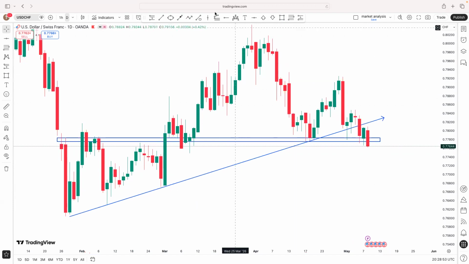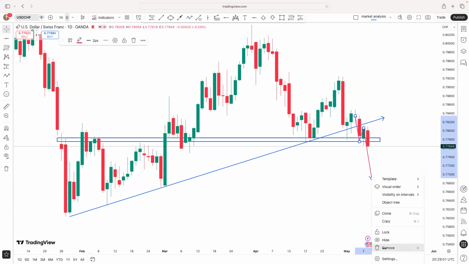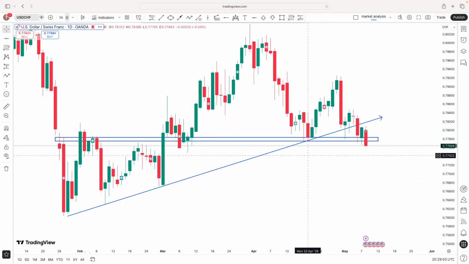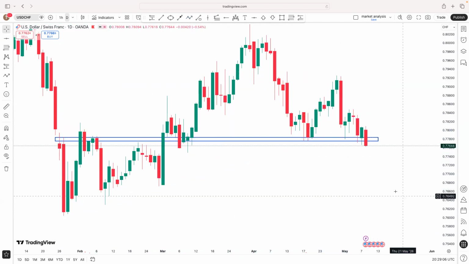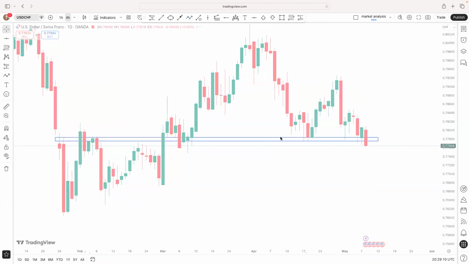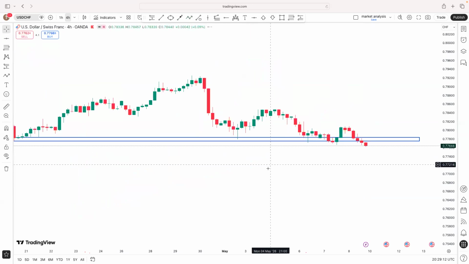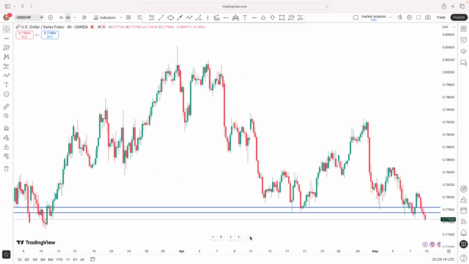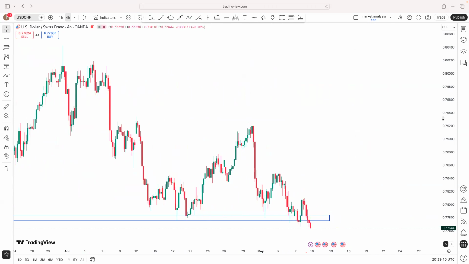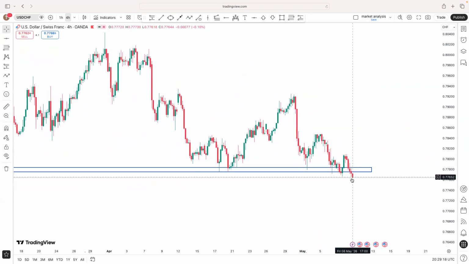I would definitely say this was a break and retest, and then this is a bearish engulfing. Then we've got a continuation to the downside direction. That's it. I just wanted to verify those technicals, but here is what we have on USD CHF. We are having a continuation to the downside direction.